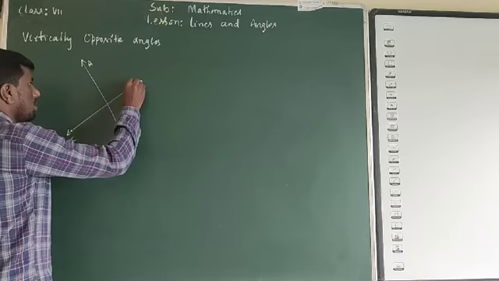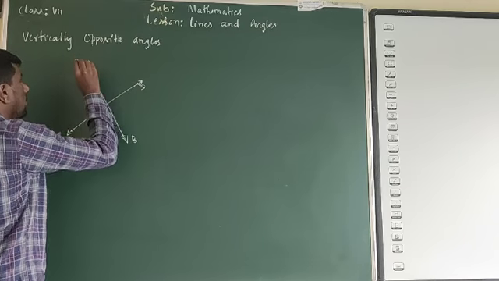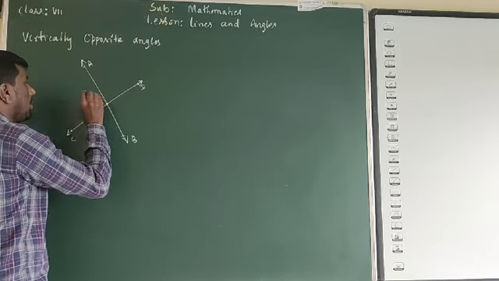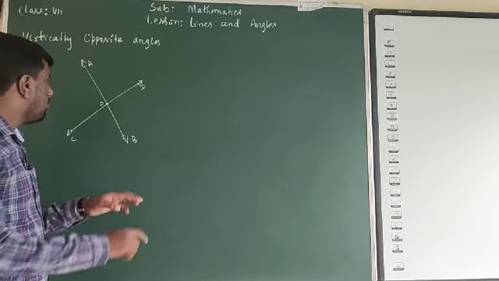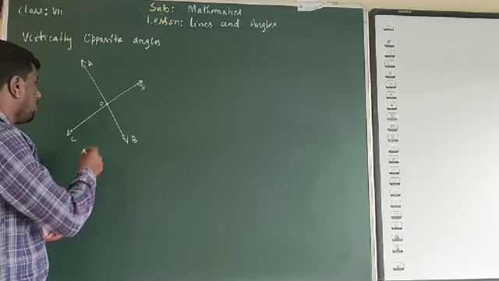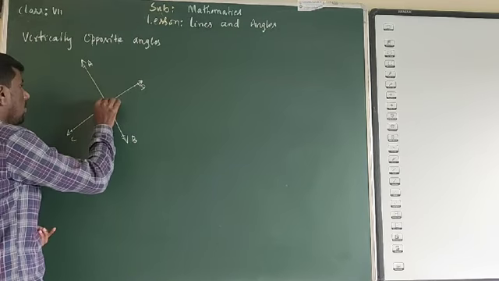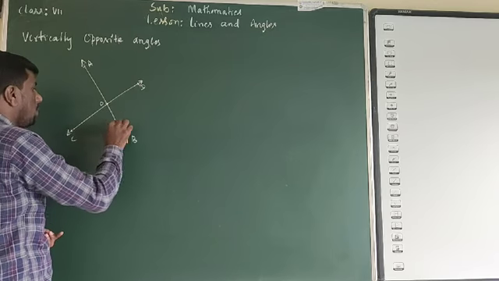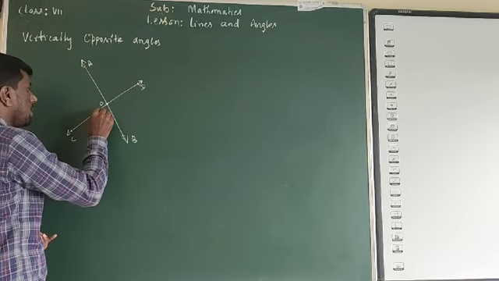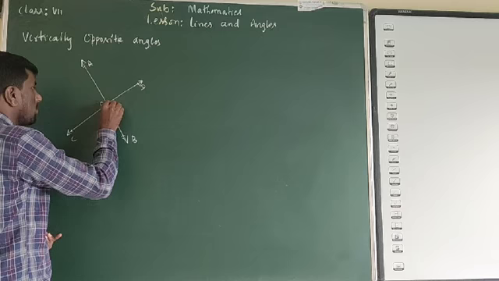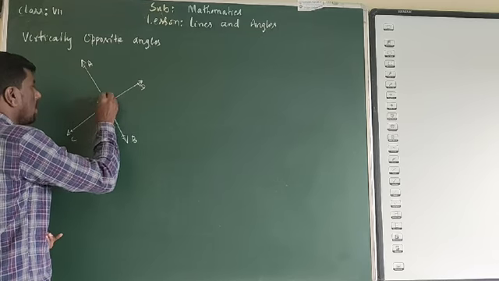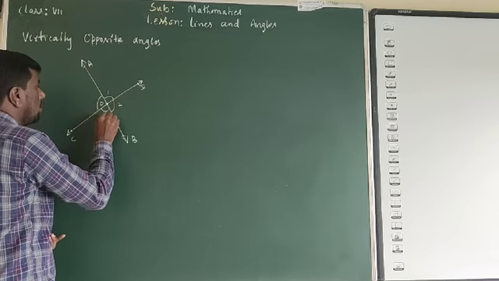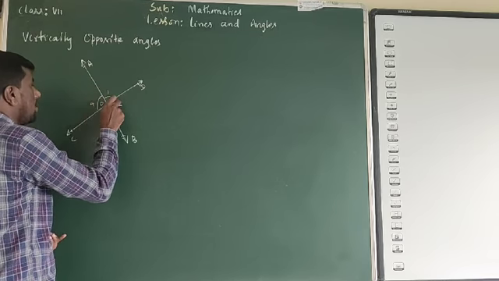This is just a denotation, it is not a point. They intersect at a point O. Then four angles will be created: AOC, AOD, DOB, BOC. Call them angle 1, angle 2, angle 3, angle 4. Four angles will be formed.